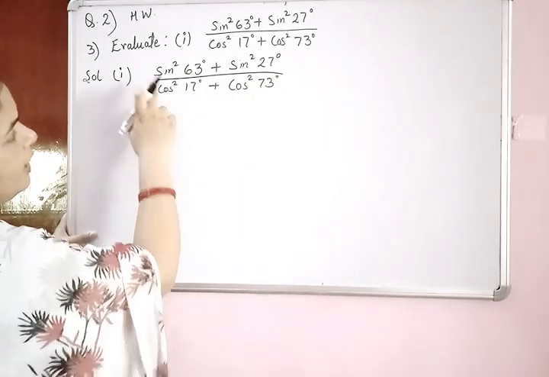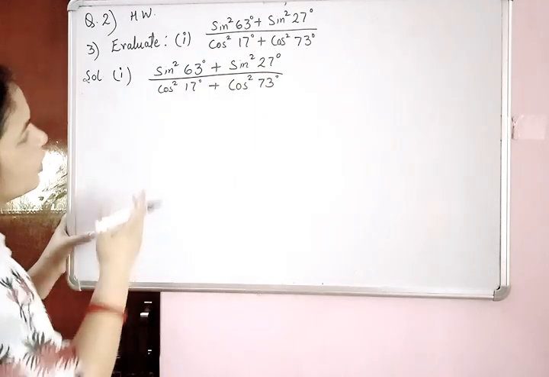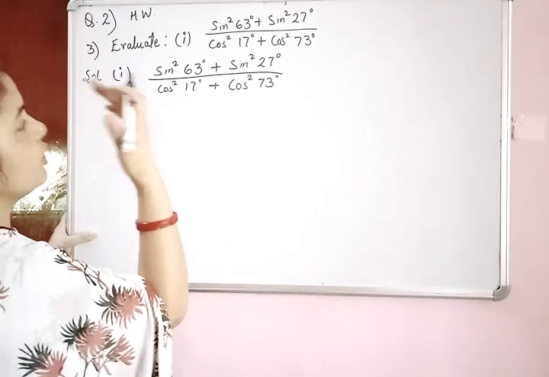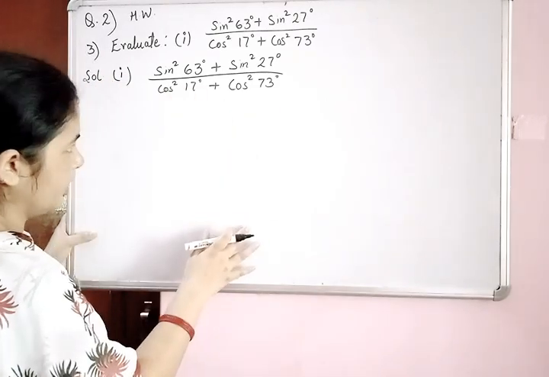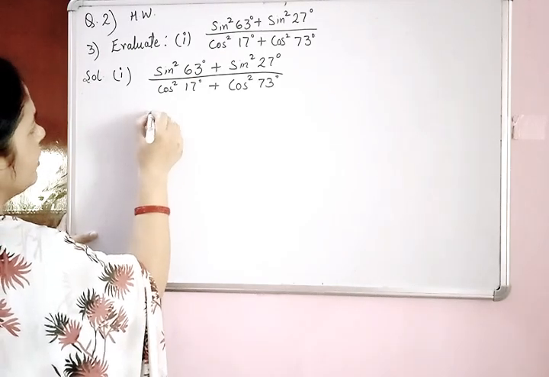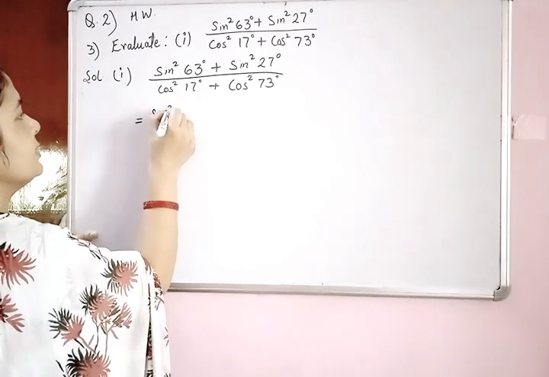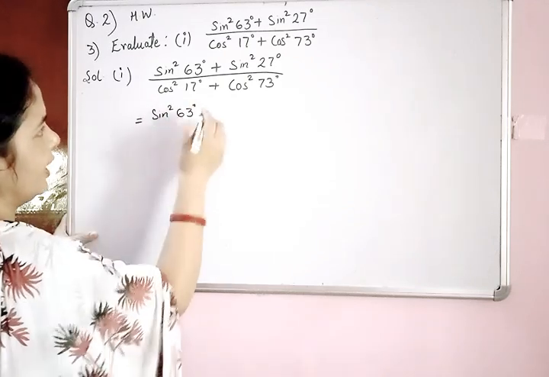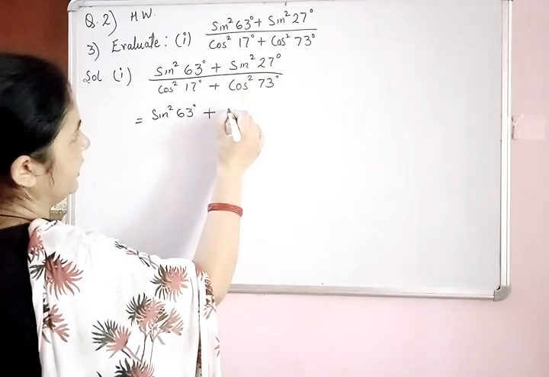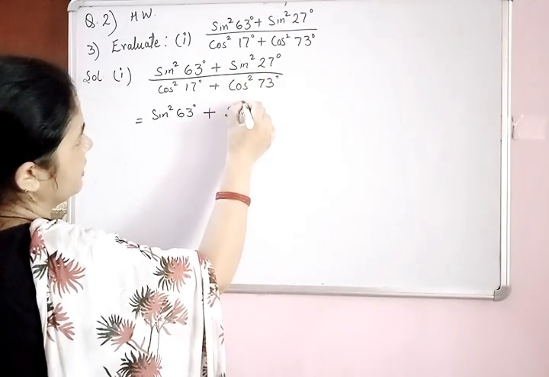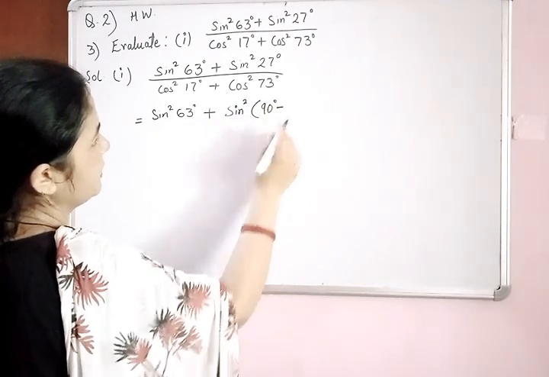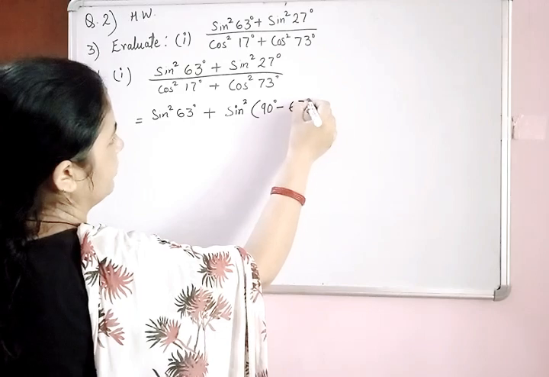Since we don't know the value of sine 63 and sine 27, cos 17 degree and cos 73 degree, what we have to do is convert them in the trigonometric ratios of complementary angles. So look here, sine square 63 degree same. I will keep this same, plus I will convert sine square 27 degree as sine square 90 degree minus 63 degree.